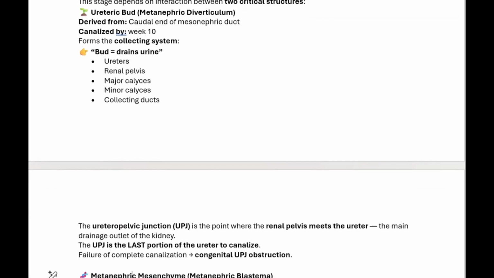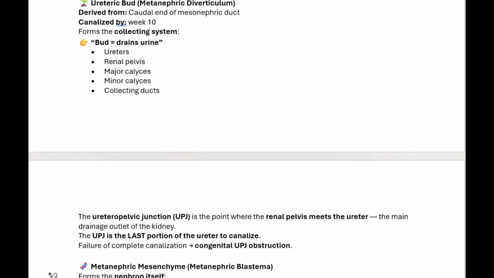The first one, which we mentioned earlier, is the ureteric bud. Like I mentioned earlier, the ureteric bud is derived from the caudal end of the mesonephric ducts. This ureteric bud is going to become canalized. We're going to create a hole in it, and that is going to become our conducting system.